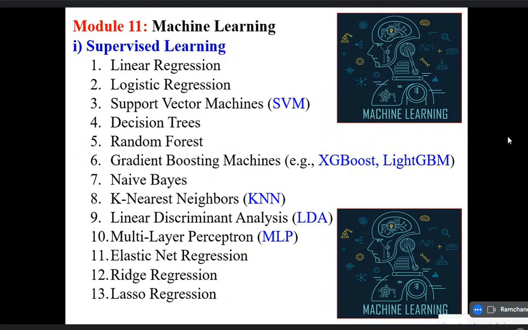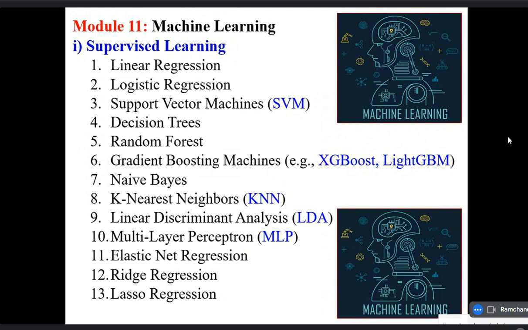So under supervised learning, we are studying 13 techniques like linear regression, logistic regression, support vector machine, that is called SVM, decision trees, random forest, gradient boosting machines, that is XGBoost and LightGBM, naive Bayes classification, K nearest neighbor algorithm, linear discriminant analysis, multi-layer perceptron MLP, and elastic net regression, ridge regression, lasso regression.